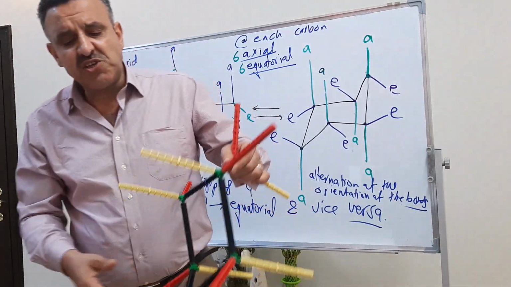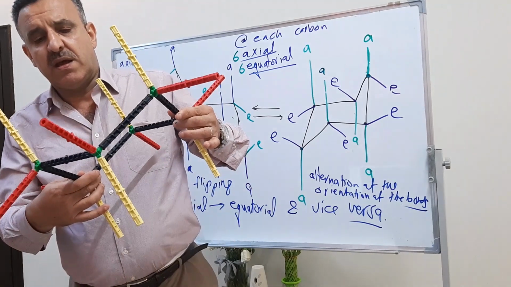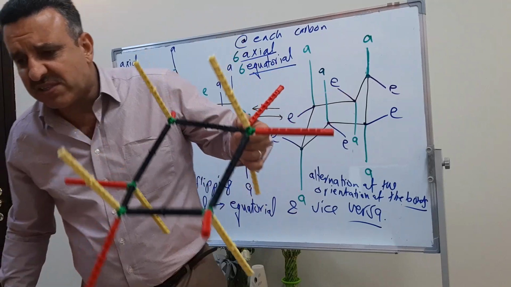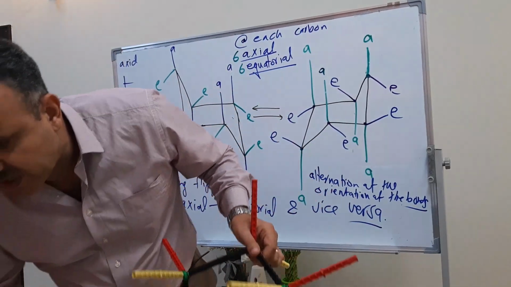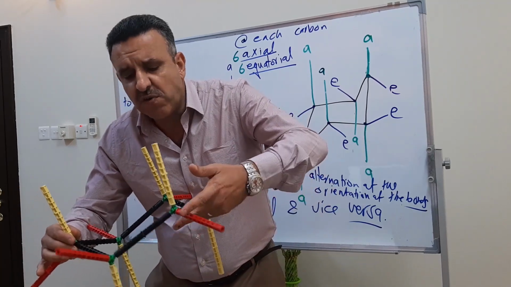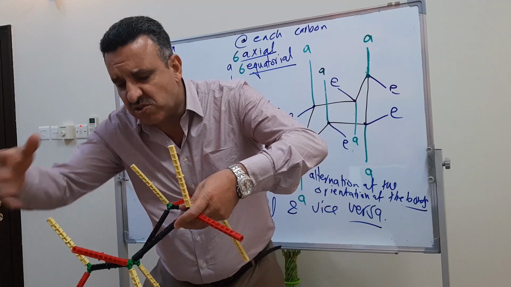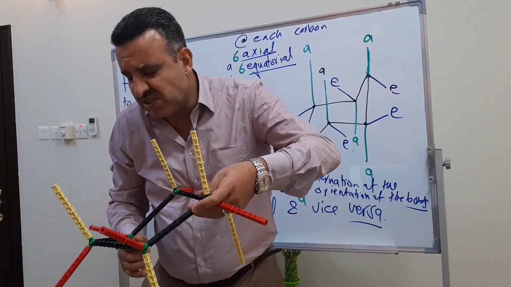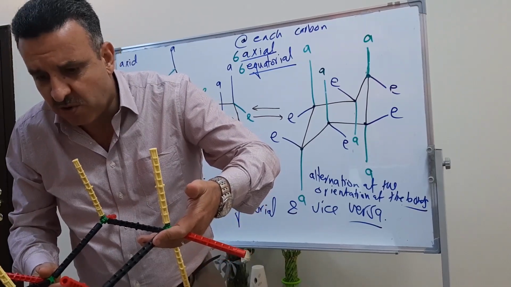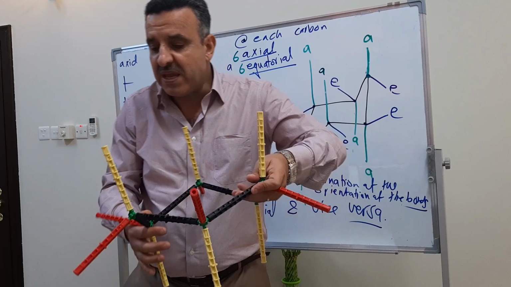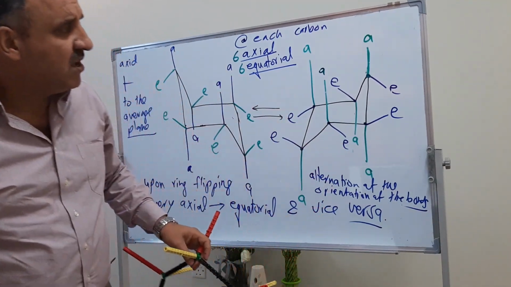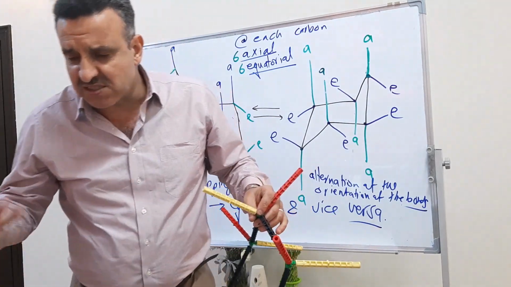All right, the other issue we need to highlight is what happens if we have a big size group. Now in the cyclohexane, regardless of all these colors, all of these are hydrogens. So it doesn't matter where the hydrogen occupies. At the end of the day, all places are the same for the hydrogen. But imagine that we have a mono-substituted cyclohexane, methyl cyclohexane.